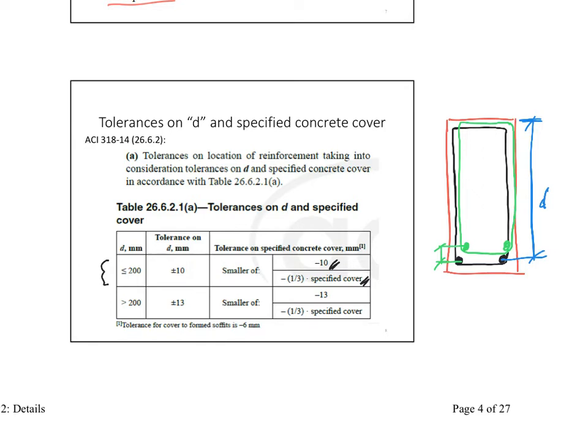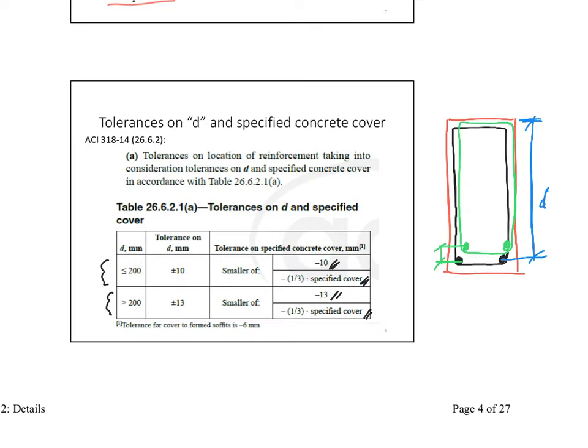So the cover is 40, 1/3 of the 40 is about 13 millimeters, right? So the smaller of these. If it is more than 200, then you can only accept 13 or 1/3 of the specified cover.